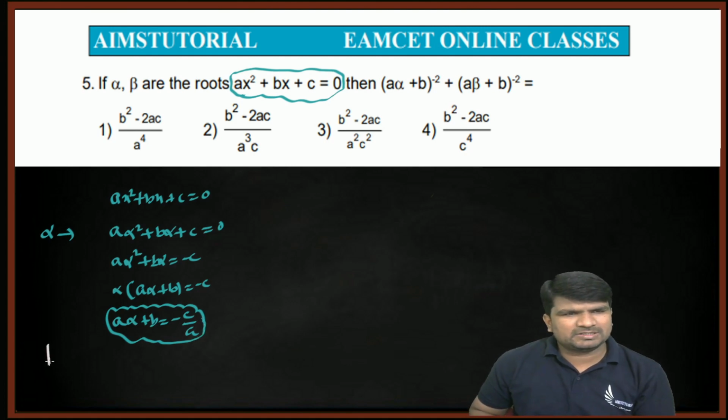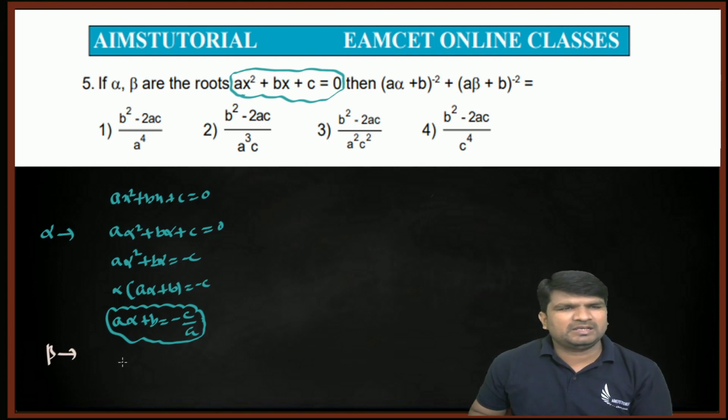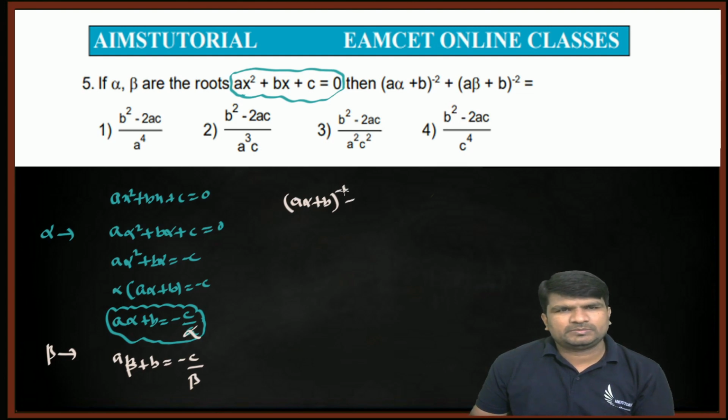Similarly, beta is also a root of the given quadratic equation. If you substitute beta in the place of x, we get a beta plus b equals minus c by beta. Now we have to find (a alpha plus b) whole power minus 2 plus (a beta plus b) whole power minus 2.